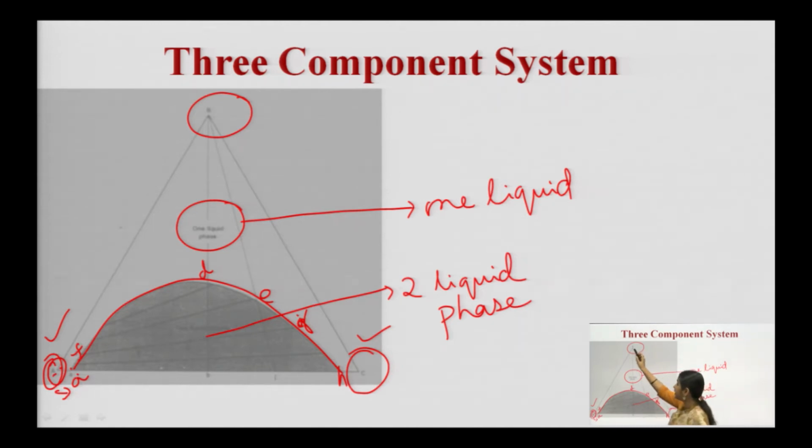If B is miscible to the same extent in A as well as in C, then the tie line will be parallel to A C. But if the miscibility is different, then the tie line will also be different and will not be parallel.